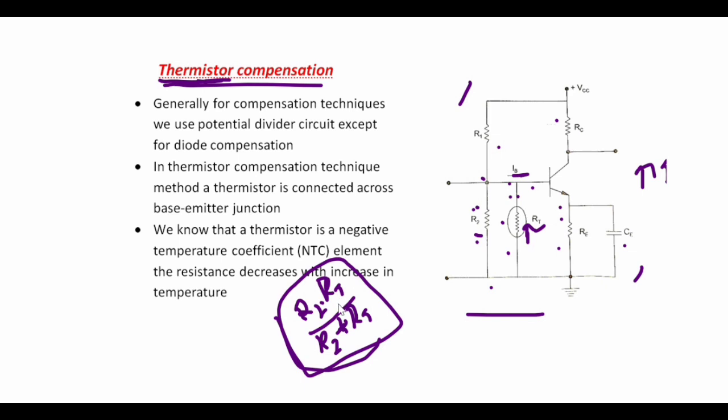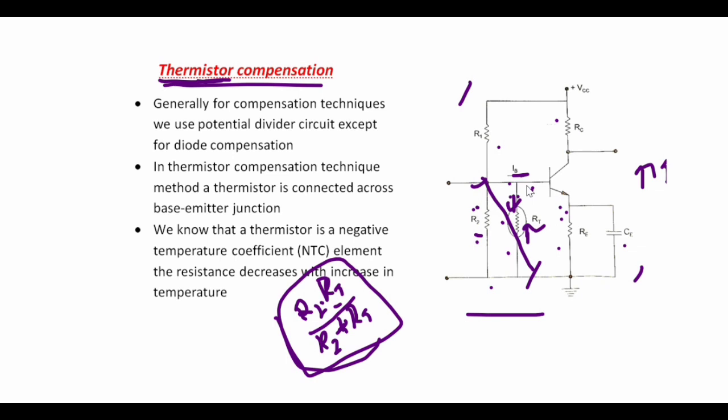If the RT value decreases, then the equivalent resistance value also decreases. If the equivalent resistance decreases, then the voltage drop across this branch will decrease. This decrease in voltage will decrease the forward biasing potential at the base emitter. This forward biasing potential will in turn decrease IB, the base current.